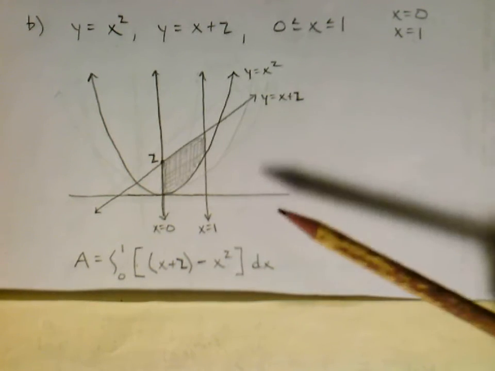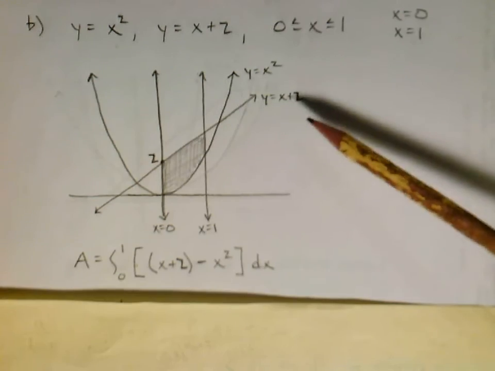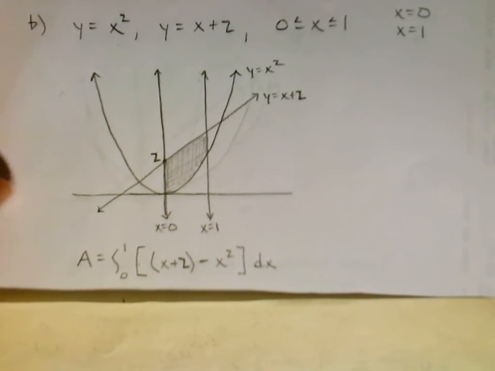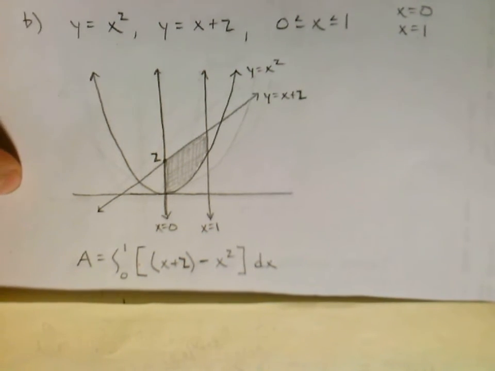Really, at this point, just getting that region correct with the drawing and setting it up, that's what's new in this section. From here, it's just a matter of taking antiderivatives. Nothing too challenging about this. And then plugging in the numbers. So if all of this makes sense, then you're doing really, really good.